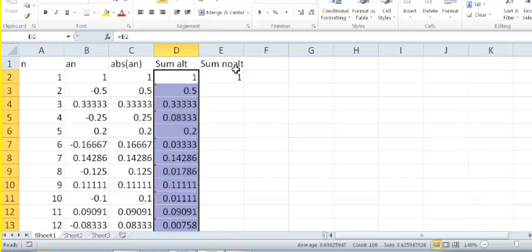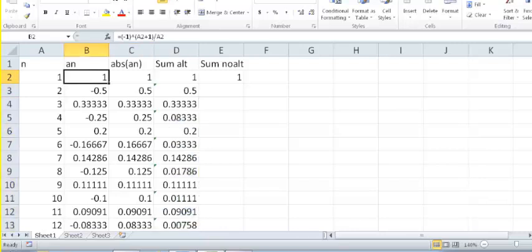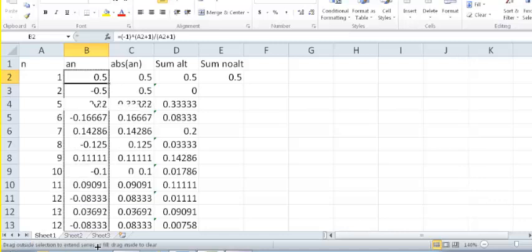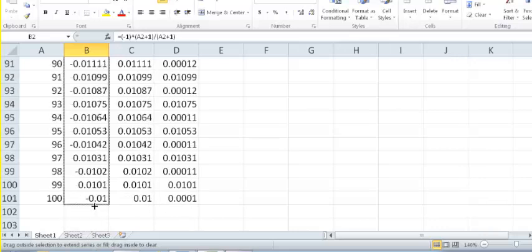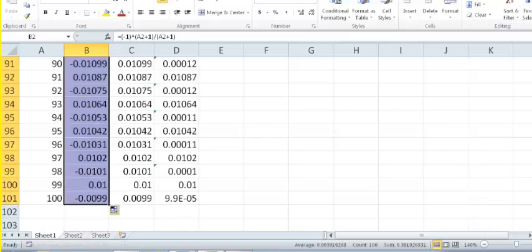So it's not over n, it's over n plus 1. See if that makes a difference. Okay, so then I'm going to copy this down all the way. Still basically going to 0. Maybe that's the answer.